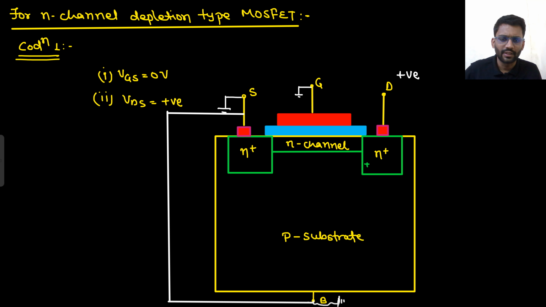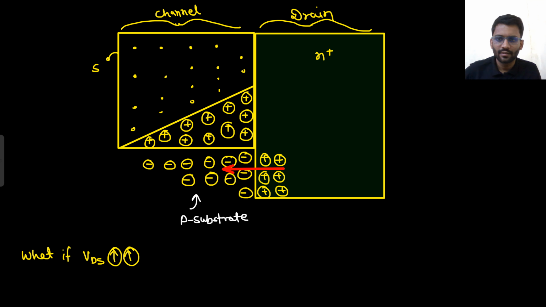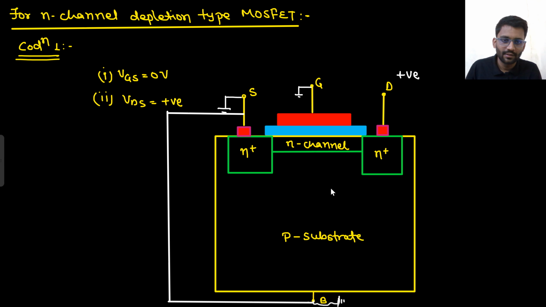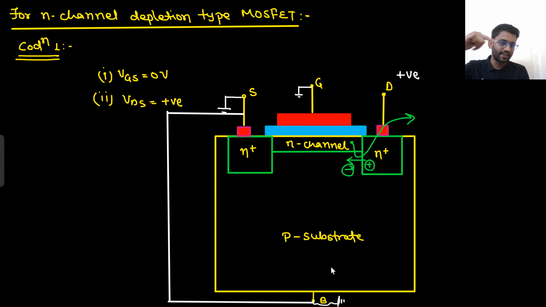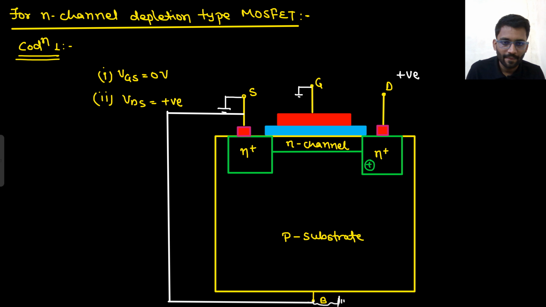Since there are some free electrons here, because of this electric field they are getting swept away to the drain side. Electrons travel in the opposite direction of the electric field and are swept away from the drain terminal, and the current flows. Are you understanding this point? Well and good. So this is what is happening here.